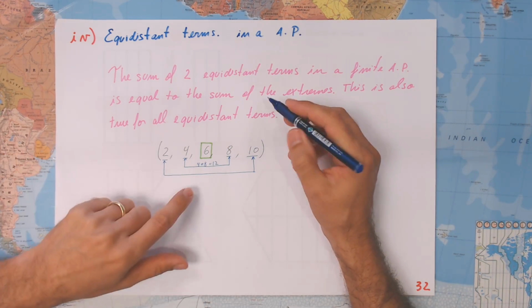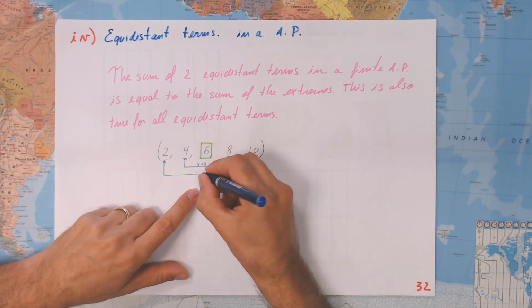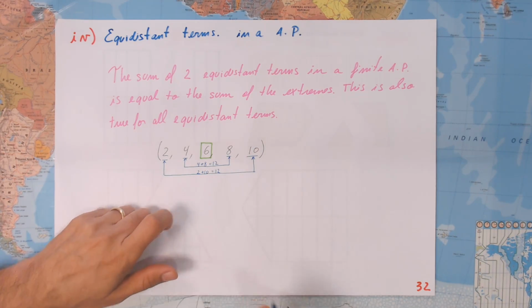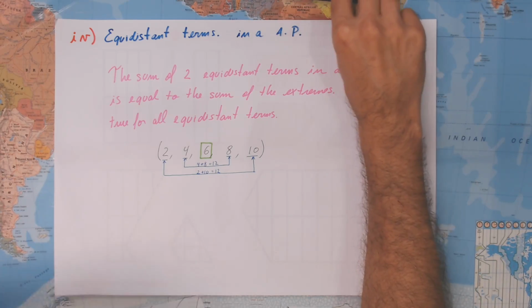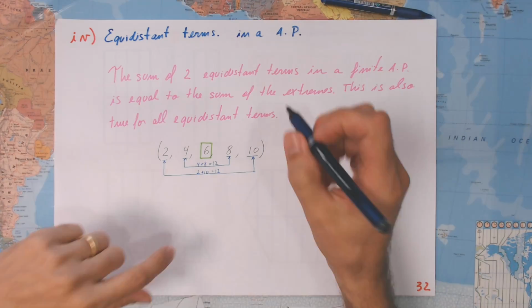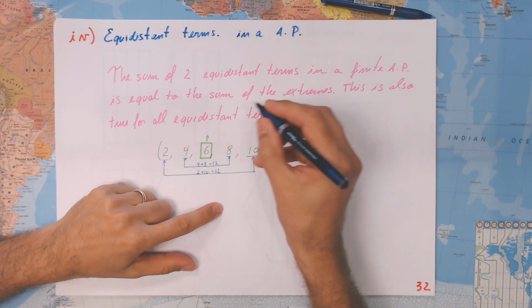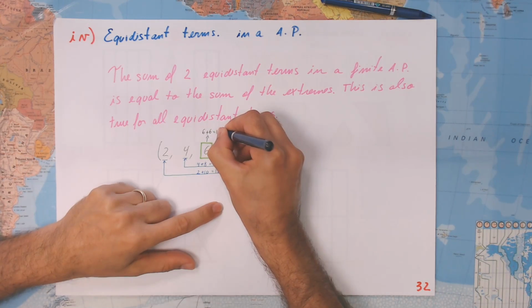Okay? And if we add all those equidistant pairs, 2 plus 10, we are also going to get a 12. And if you ask me, what about the 6? Well, the 6 is alone, right? So he's going to have a pair with itself. So we can put 6 plus 6, it's a 12.